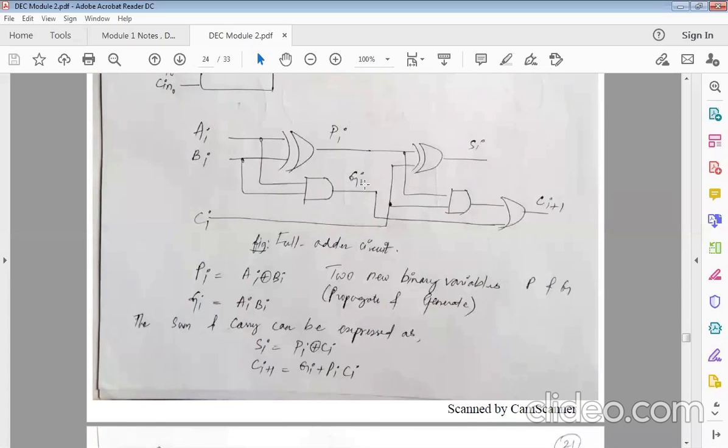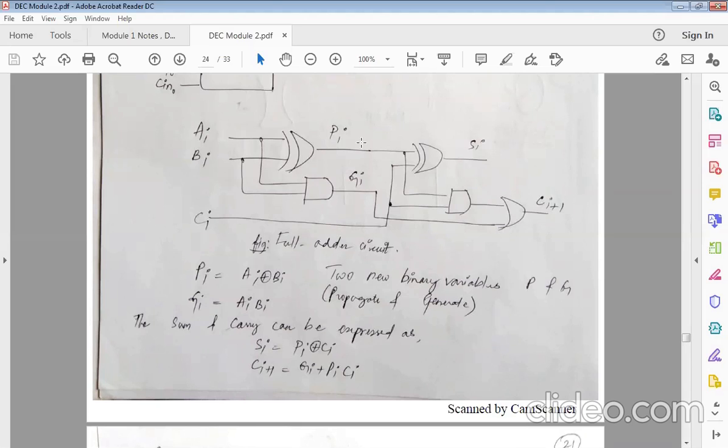Next, C is multiplied with A XOR B, which means A bar B plus B bar A. That is given here, and the final ORing gives your carry: AB, BC, CA.